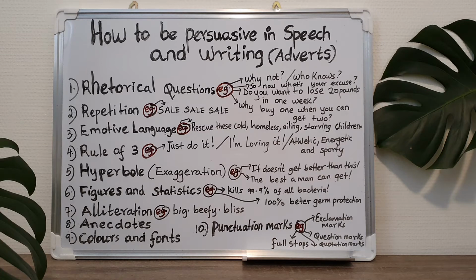And they could be adjectives, like for example, athletic, energetic, and sporty. They came, they saw, and they conquered. Just do it. I'm loving it. Okay? So, remember to use rule of 3, where you basically put 3 words together, either to describe something or to come up with a catchphrase.